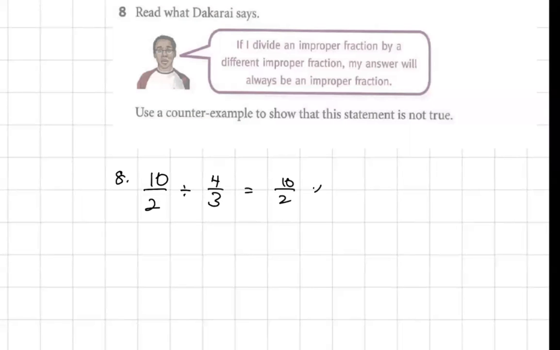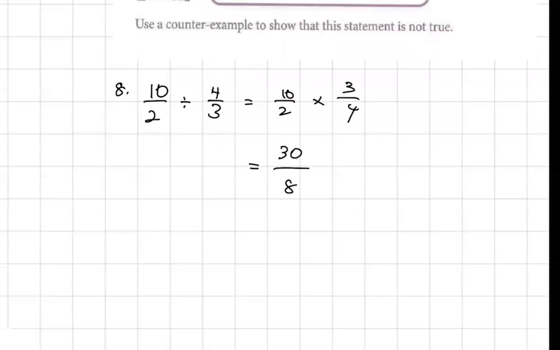10 over 2 times 3 over 4, 30 over 8. Yes, we get an improper fraction. So this is not a very good counter example. Let's flip it around. 4 over 3 divided by 10 over 2. 4 over 3 times 2 over 10.